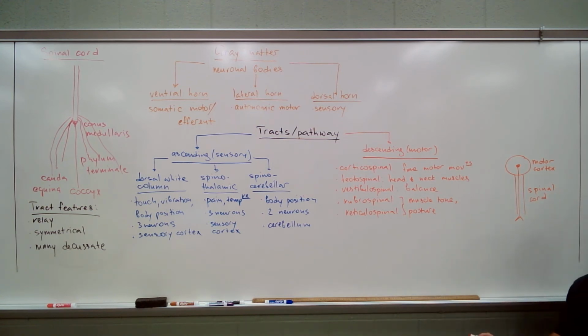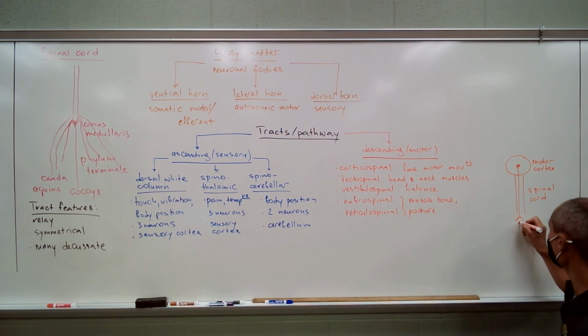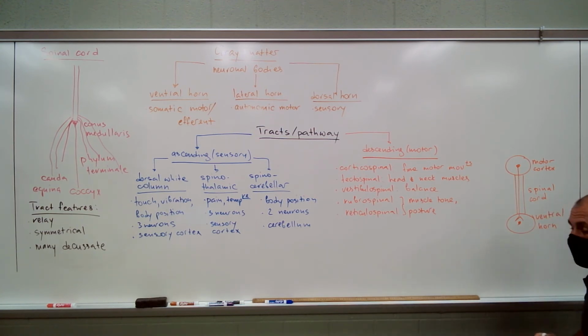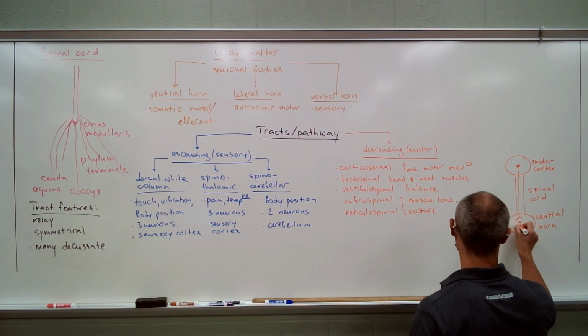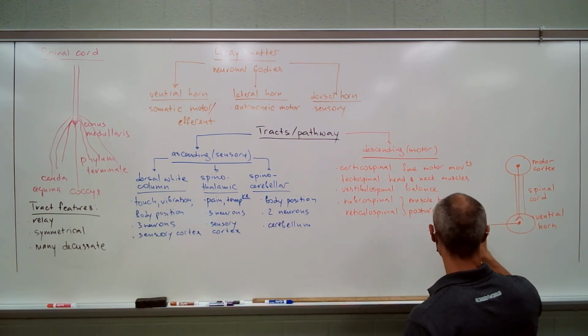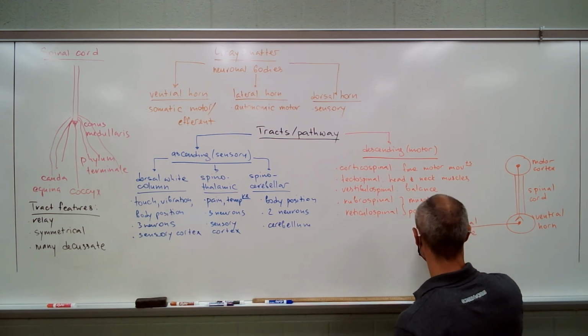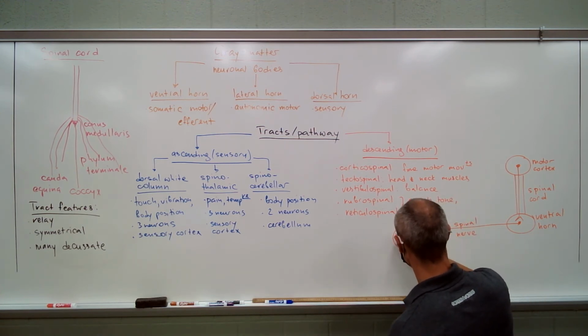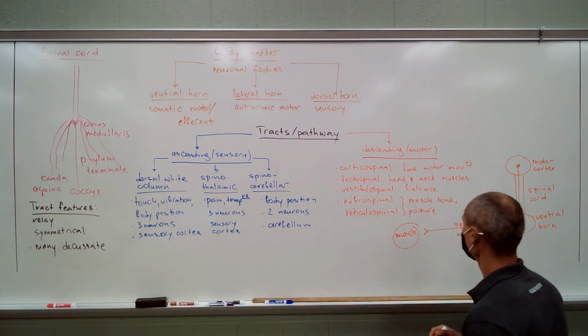Until it reaches a certain level, it will reach its counterpart, and it will synapse with its counterpart in the ventral horn. Does that make sense? And this neuron will go from the ventral horn through the spinal nerve and will control muscle.